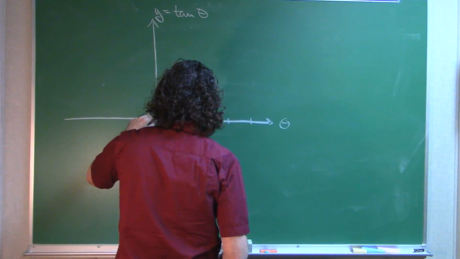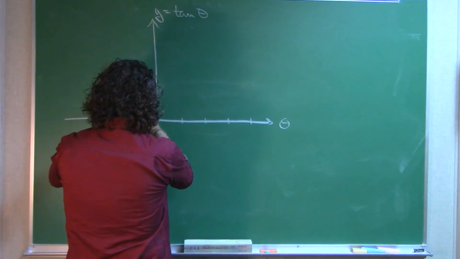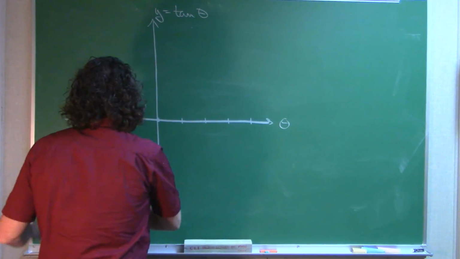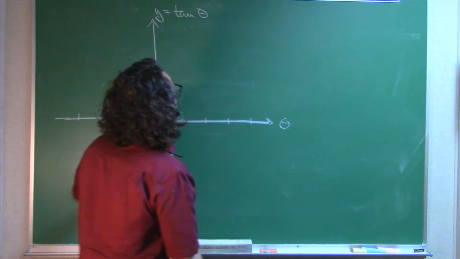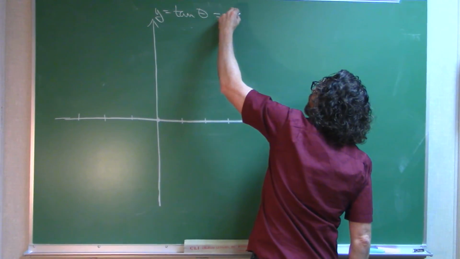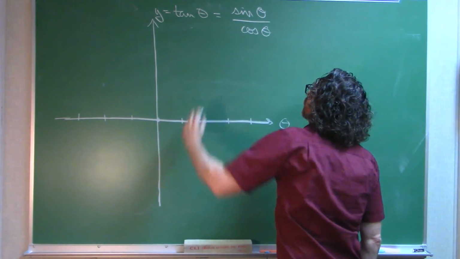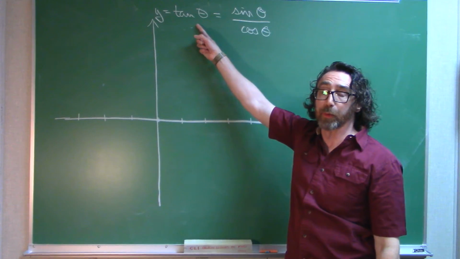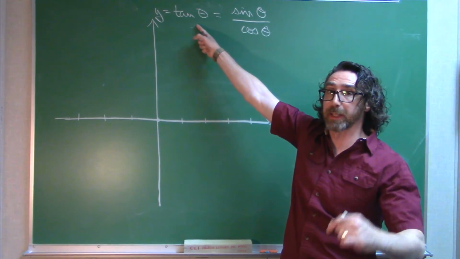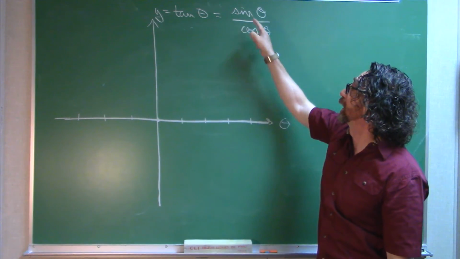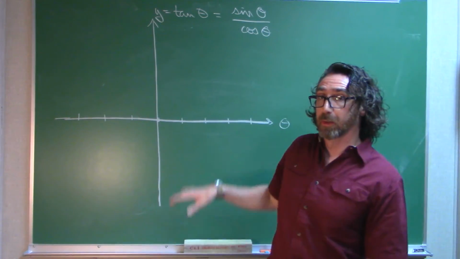All right, now, one thing that is a little tricky about the tangent function: of course, we know our ratio identity. The tangent of an angle theta is equal to the sine over the cosine.